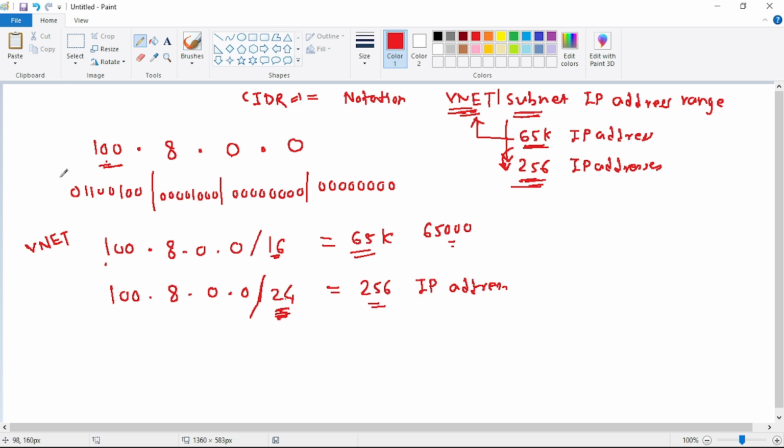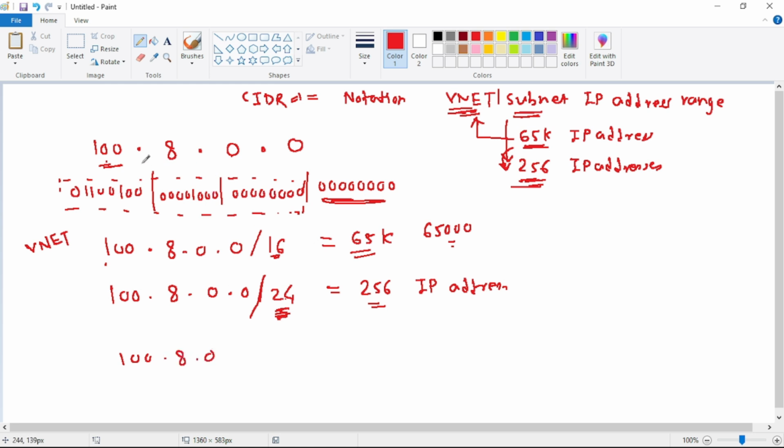These first 24 bits will be constant, and the only variable will be this last one.